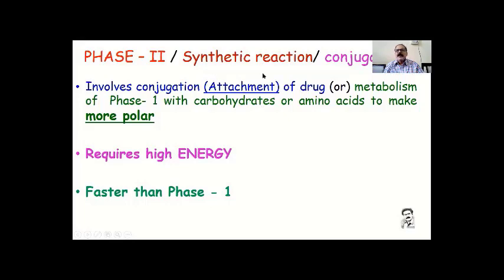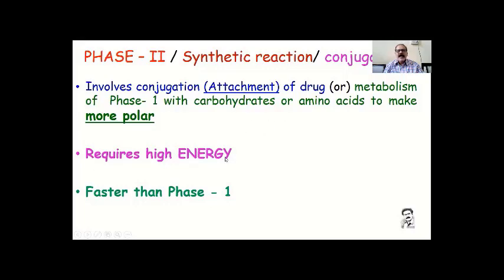When it is attached, automatically they will come into water, because carbohydrates and amino acids have zwitterions. So automatically they have positive and negative charges. Carbohydrates can easily dissolve in water. So when these molecules are attached, the drug will come into water and become more polar. When it becomes more polar, automatically they will come into water and it will be excreted through the elimination part of the kidney, in the form of urine.